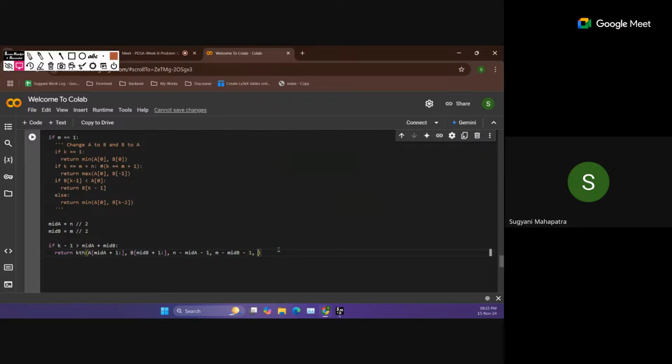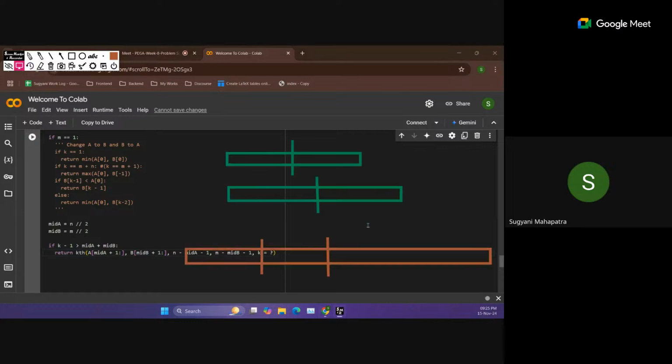Now the interesting thing is what will be k? Here I don't have to look for the kth element in this particular subarray. Which element should I be looking for?